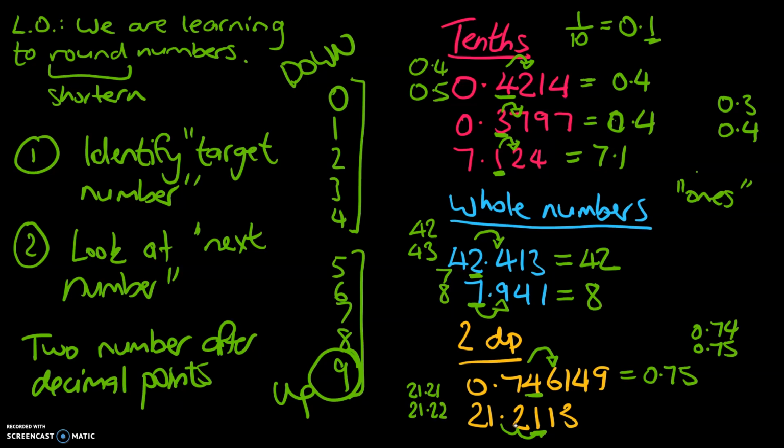And we're going to look at the next number to decide that. Well, that 1 is in the down list. So that means it's closer to 21.21 than it is to 21.22. And that means we're going to round down and keep it at 21.21.